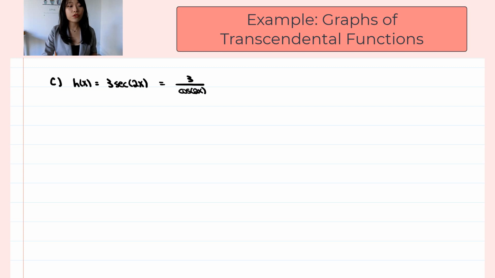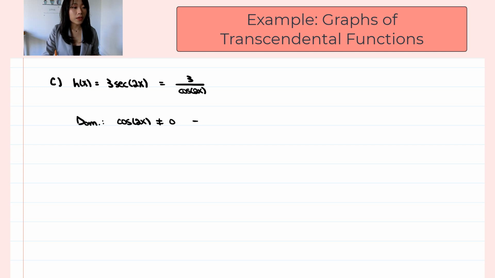So we have a cosine function in the denominator, and we can never have a 0 in the denominator. So for its domain, we need cosine of 2x to be non-zero. And a cosine function equals 0 when the input is an odd multiple of pi over 2, for example pi over 2, 3 pi over 2, 5 pi over 2.